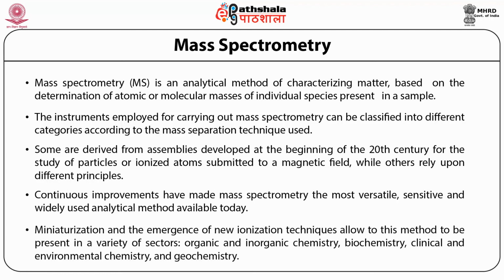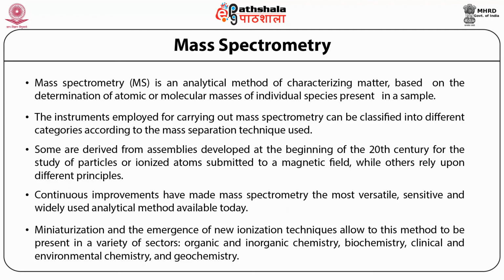The miniaturization and the emergence of new ionization techniques allow this method to be present in a variety of sectors like organic and inorganic chemistry, biochemistry, clinical and environmental chemistry, and geochemistry. Now, this technique is also coupled with other techniques like gas chromatography or high performance liquid chromatography.